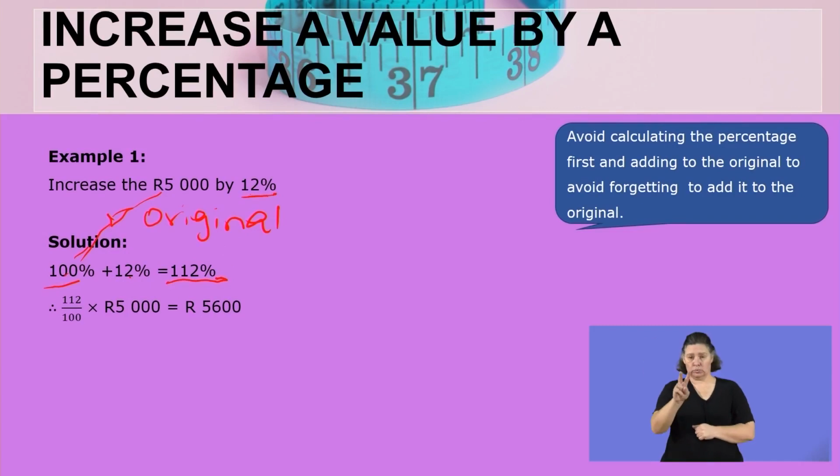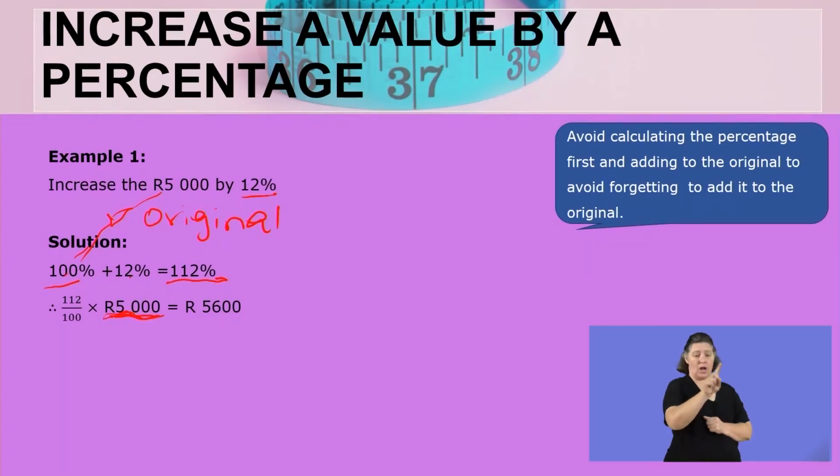Therefore, the next step is to take the 112% and express it as a fraction. So we will have 112 divided by 100, then we multiply it by the original price, which is 5,000 rand.